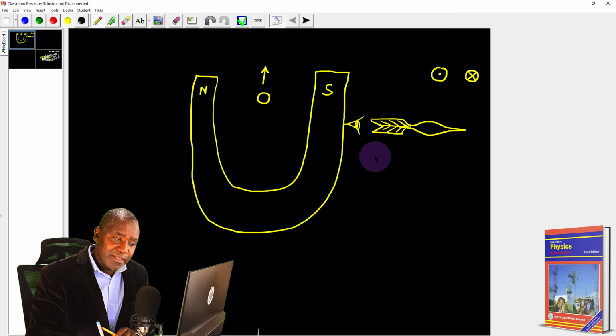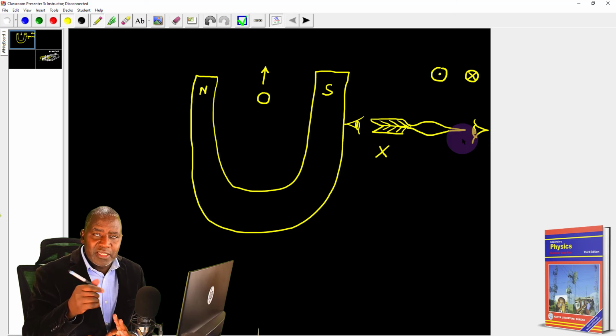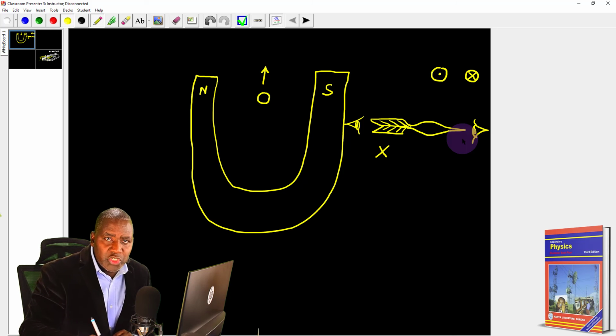These are the flights, and you will see an X. But if you're looking at the dart coming towards you, God forbid, you don't position your eye there, but let's just imagine that is the case, you will see the tip of the dart. So you can use this simple situation to remember what this means.